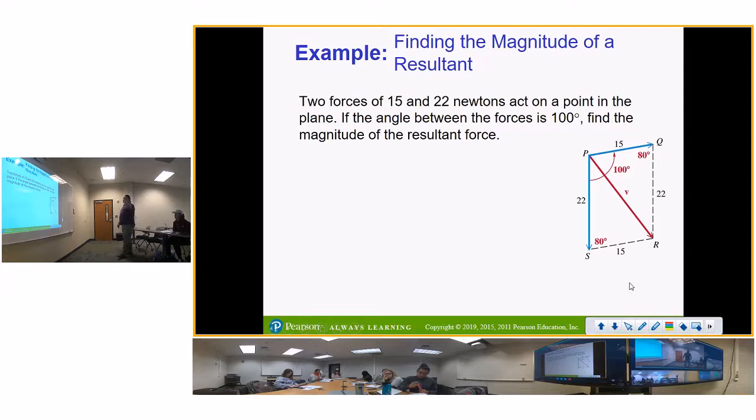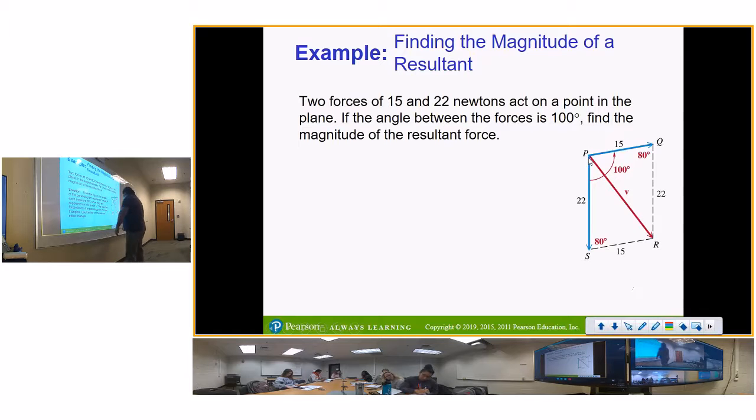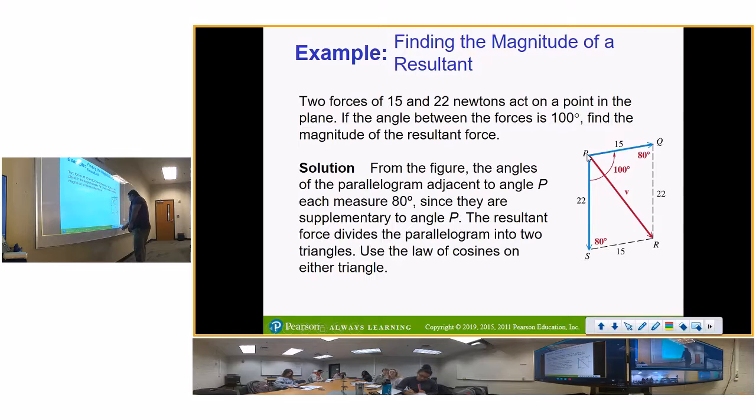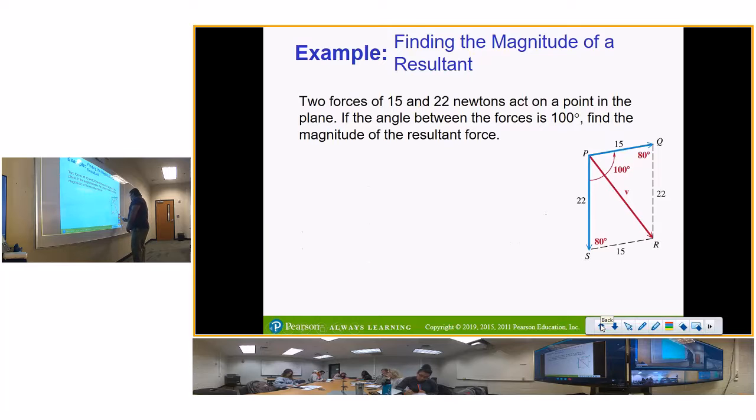Two forces of 15 and 22 newtons act on a point in a plane. Basically, you've got this point right here, and we're going to color it purple.